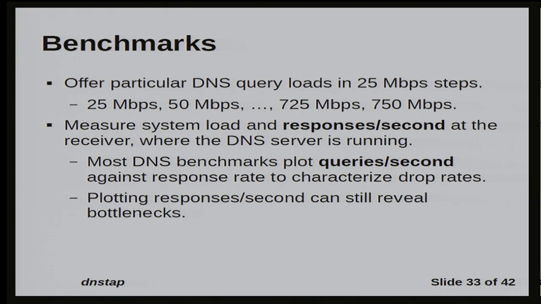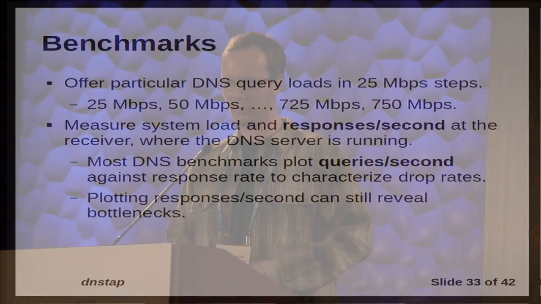It's interesting that most DNS benchmarks plot queries per second because they're interested in characterizing the drop rate. Here we're more interested in determining how much additional load adding this dnstap support adds to the server, and this can still reveal interesting bottlenecks.